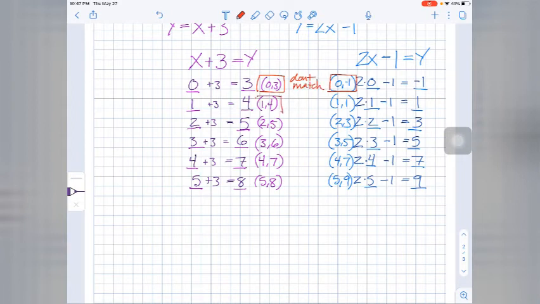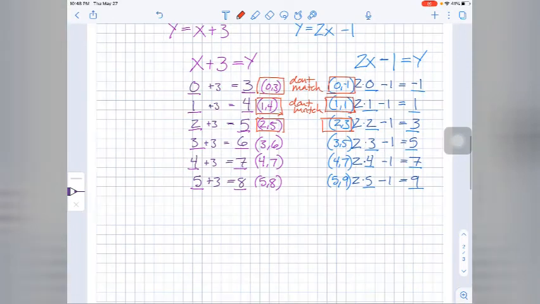When x is 1, y is 4 on one side, but y is 1 on the other. Again, these don't match. When x is 2, y is 5 on one side, but y is 3 on the other, so 2 and 3 does not match with 2 and 5. 3 and 6 does not match with 3 and 5.